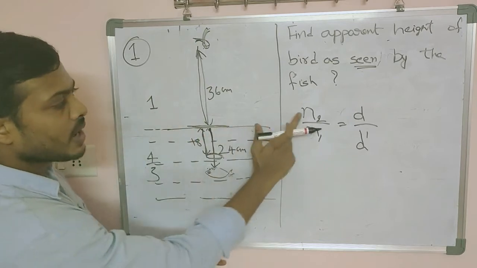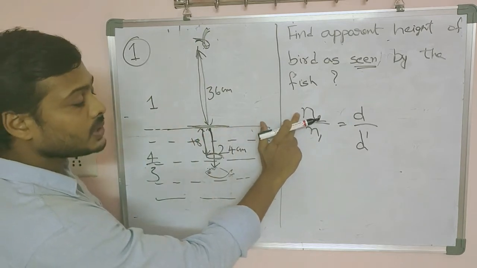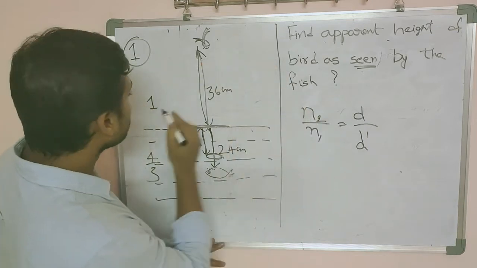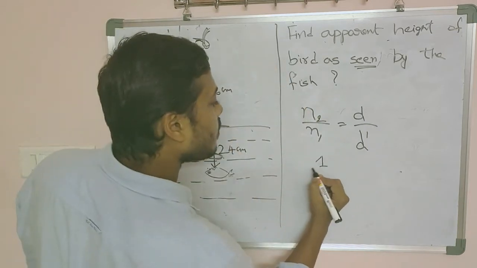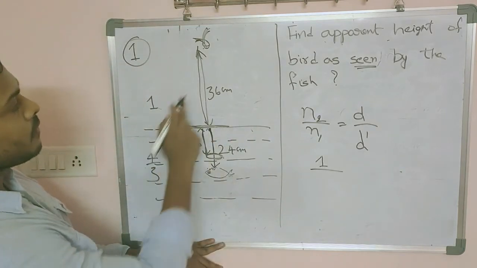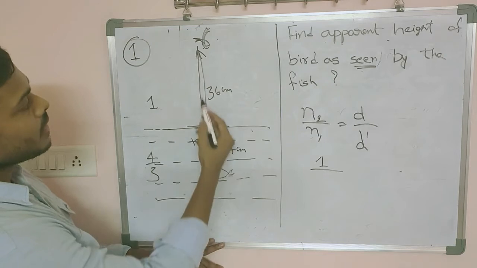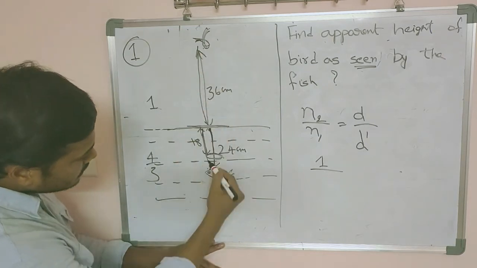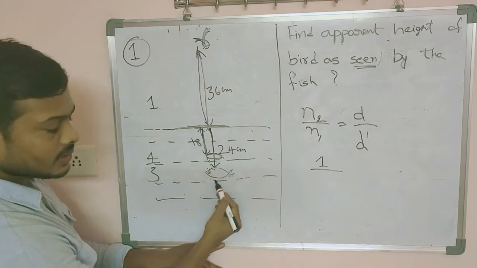1. So refractive index N2, which is the refractive index of the medium where the light is coming from, is equal to 1. And N1, what is N1? N1 is 4 by 3, where the light is going. The light is coming from bird and going to this medium where the fish is lying.